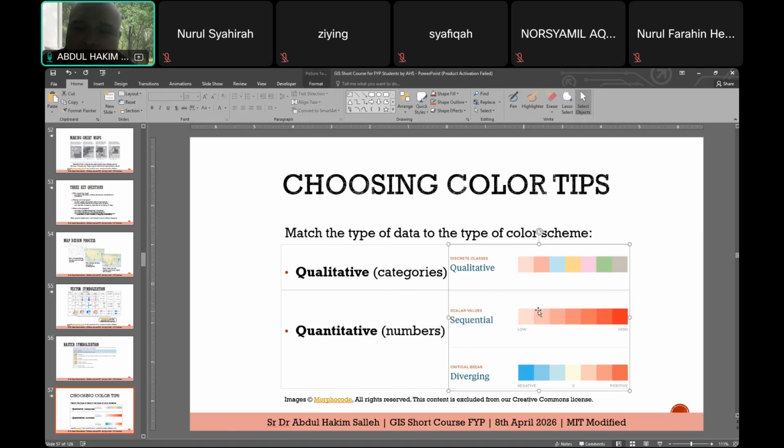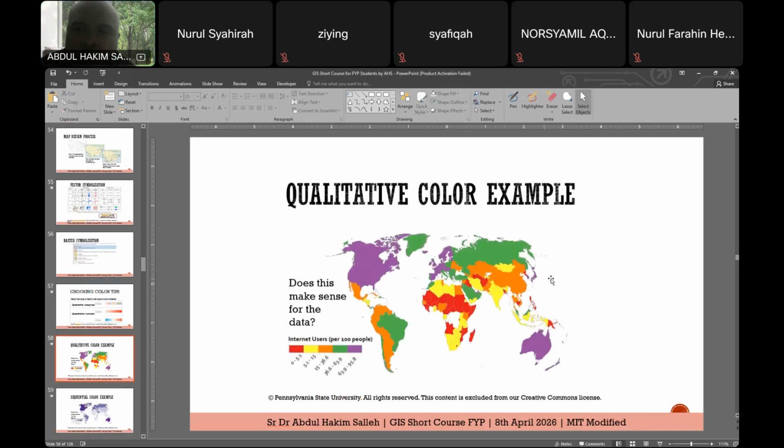It can be sequential, from lighter to darker, and it can also be diverging, like a pH level, whether acidic or alkaline, where the normal will be in the center. This is diverging, for those who do water quality maps. Here are the examples. The colors that are discrete are not sequential.